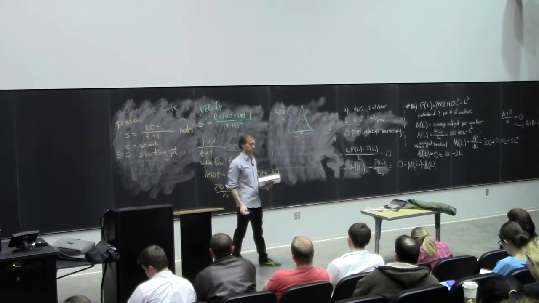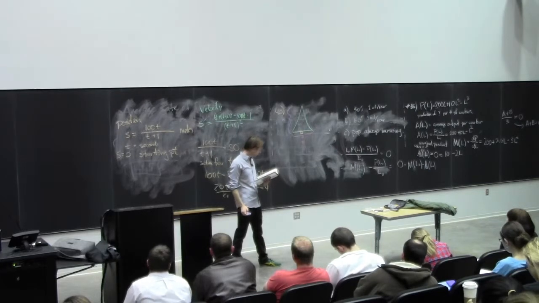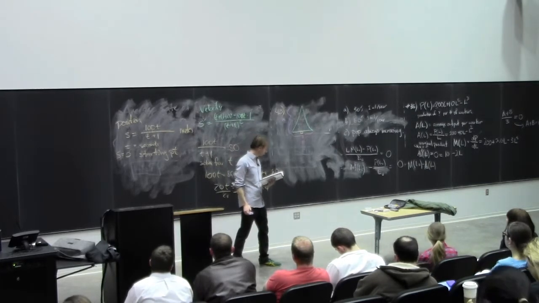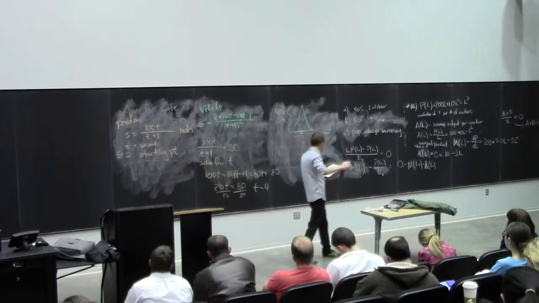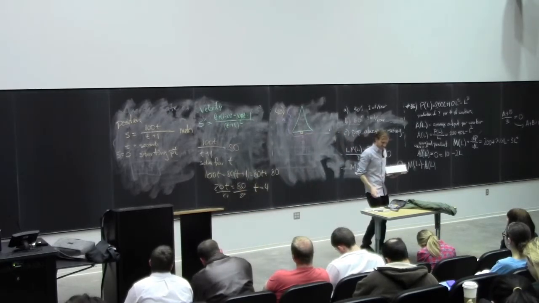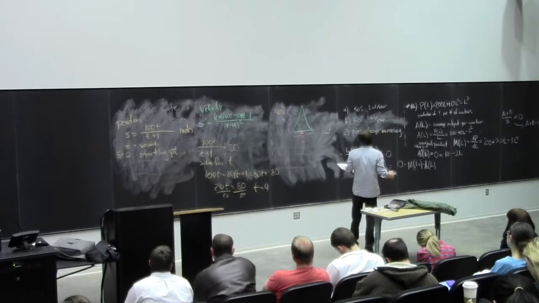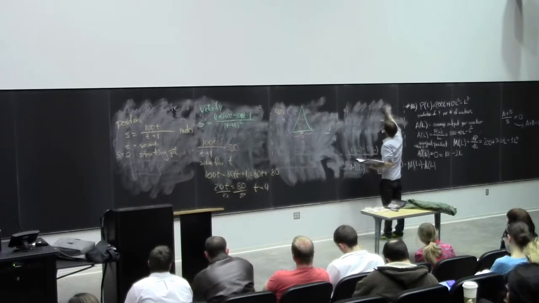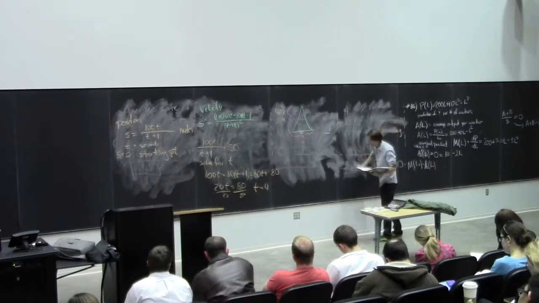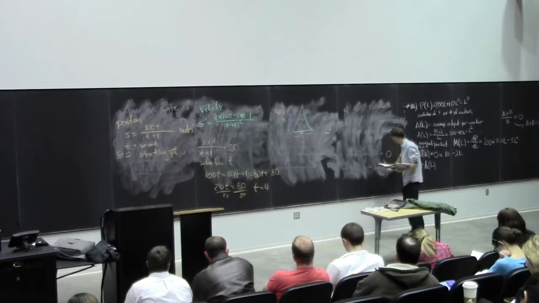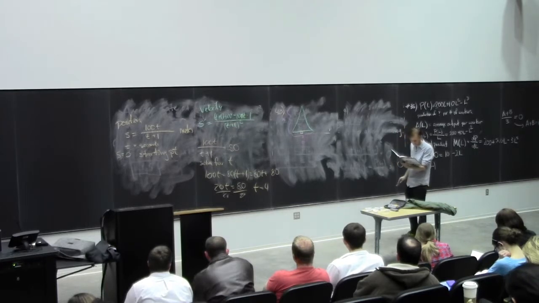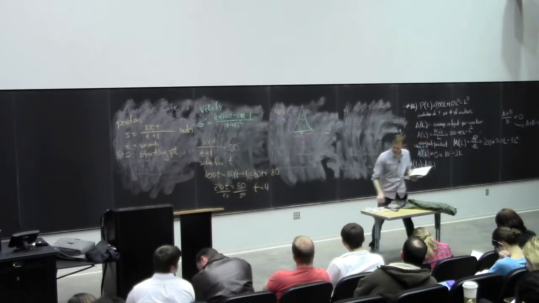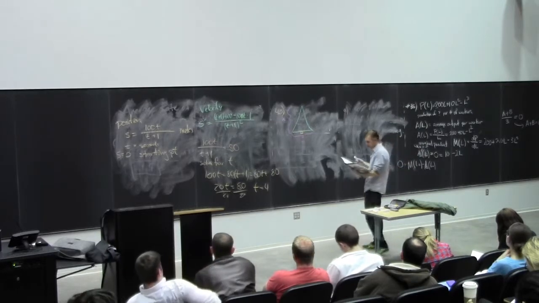Good? Okay, awesome. Assume the height is related to the base diameter by this crazy function I'm about to write down. So the height is related to the diameter of the base. Wow.